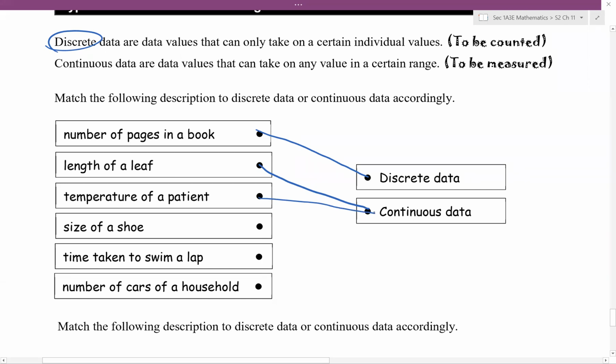Now, size of the shoe, that's the fourth line. The size of a shoe, do not confuse this with length of the foot, because a human's length of the foot is going to be continuous. Not everybody has the same length. Not everybody's feet are measured in integers. However, the size of a shoe is given in fixed numbers.